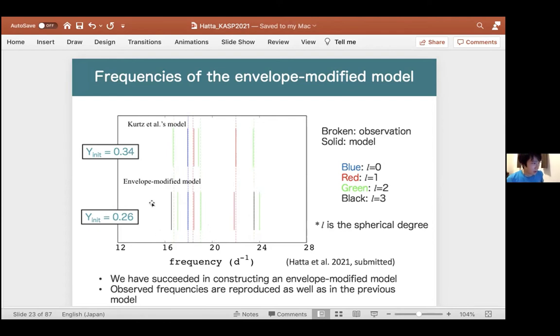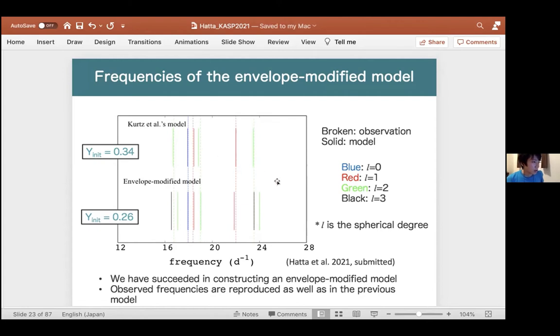But the most important point is that in the previous model, when we assume single star evolution for the star, we need to accept this high initial helium abundance to explain these observed frequencies.